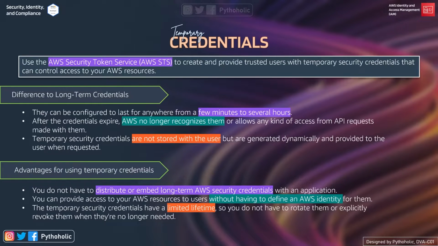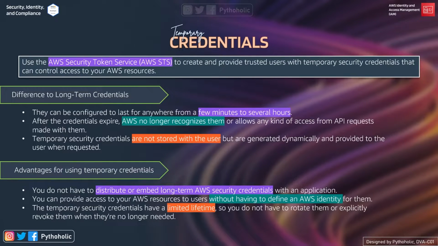That's right, you don't need to create the IAM user, but still you can provide access to the AWS resources. And last but not the least, the temporary security credentials have a limited lifetime. So you don't have to rotate them or explicitly revoke them when they are no longer needed. If the credentials are not long-term, you don't have to rotate them or think about how you can encrypt them or store them or explicitly revoke them when they are no longer needed.